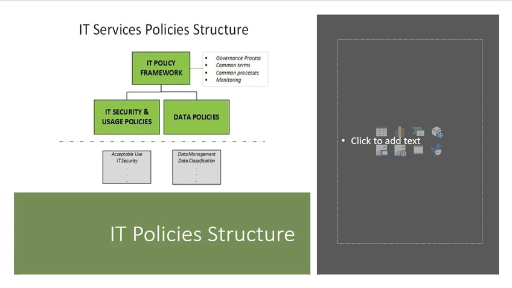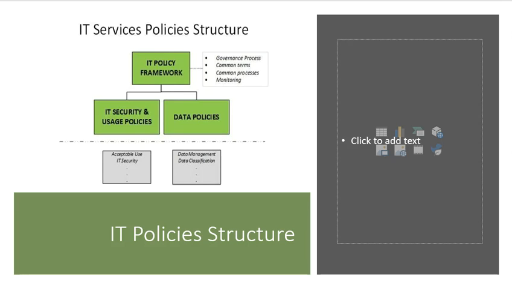It is observed that the policy framework is defined or developed by the top level management of the organization, who have very good experience with respect to IT technology. The IT policy framework discusses governance processes, common terms, common processes, and monitoring related aspects.